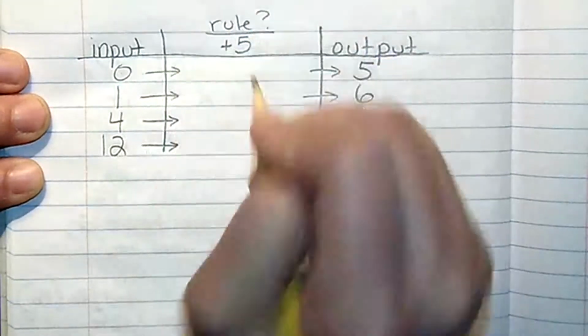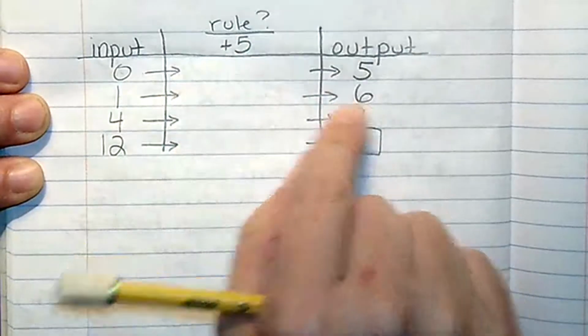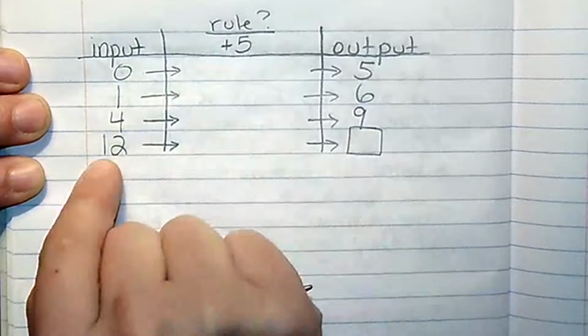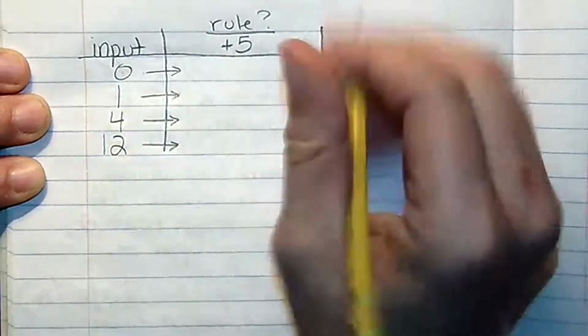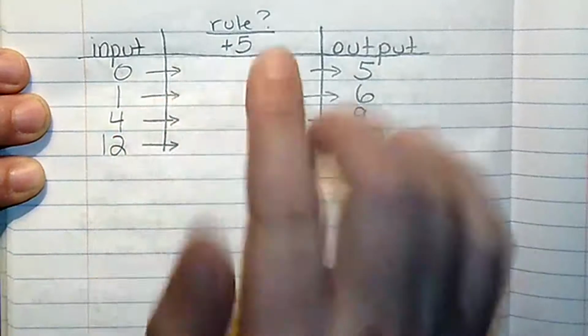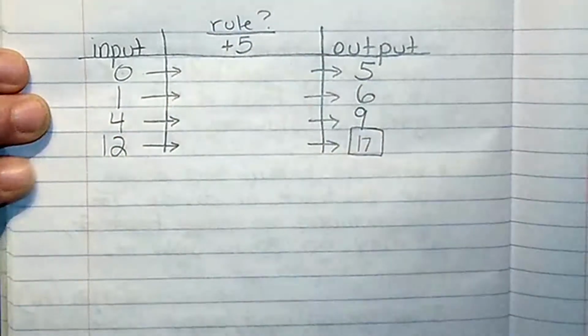Okay, maybe it's plus 5. 1 plus 5 gives me 6. 4 plus 5 gives me 9. 12 plus 5 gives me 17. And so what happened in the machine? We added 5, and that's the rule that we were missing.